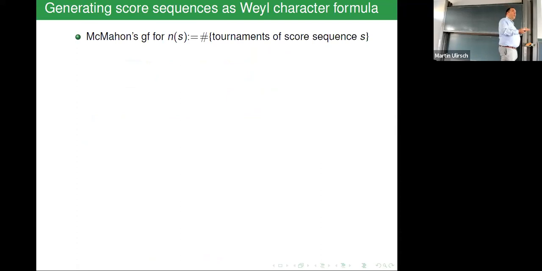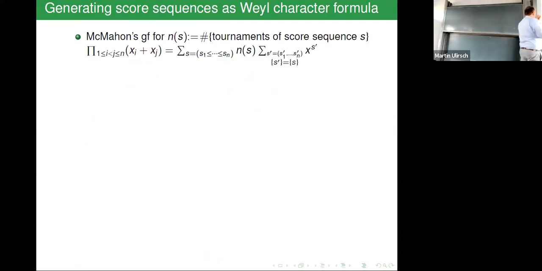So what was he doing in his original paper? He looks at this generating function for each pair of layers, each edge of the graph, and then we expand this product. And what he was saying is that he rewrites everything in terms of monomial symmetric functions.